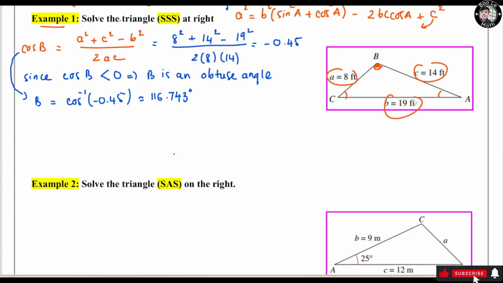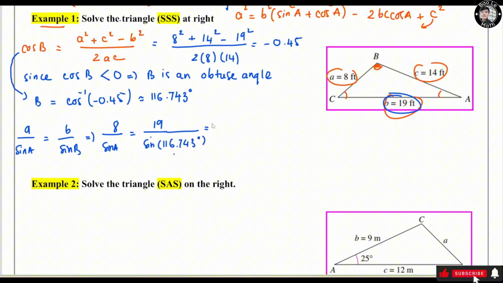Now we're going to apply the law of sines to this triangle. If you want to review the law of sines, please check out the link in the description below. So I have A over sine A equals B over sine B. Then A, which is 8, over sine A equals B, which is 19, over sine B, which is sine of 116.743 degrees.